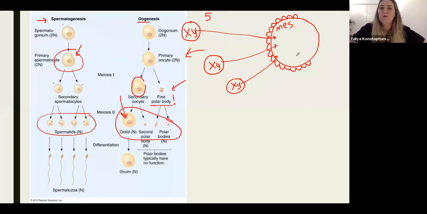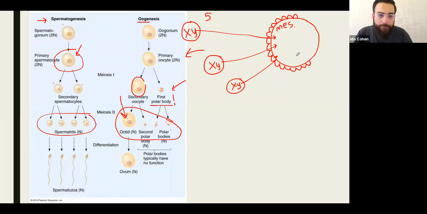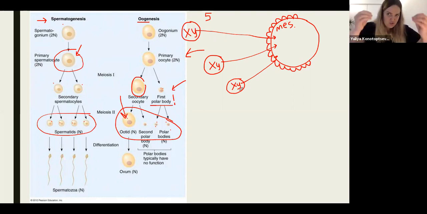Now, very important point. Do they start dividing mitotically or meiotically? Mitotically. Very good. They have to start dividing mitotically first. If you are wondering why, very easy. The amount of PGCs reaching the gonads is very little.